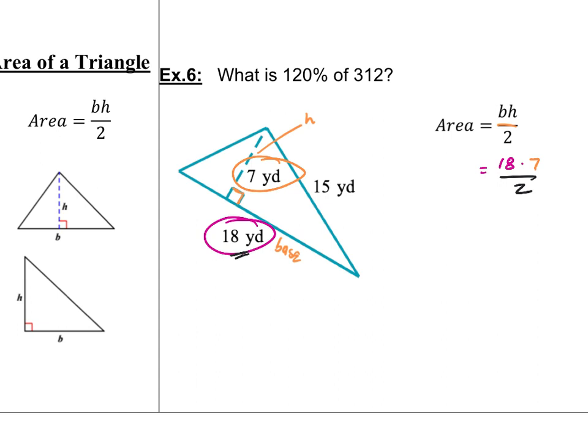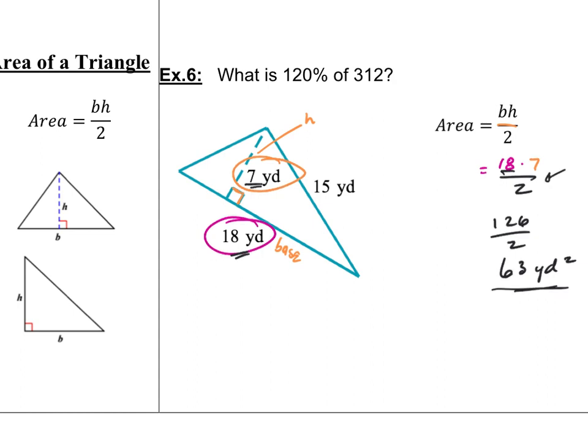Our base is 18, our height is 7. 18 times 7 is 126, divided by 2 is 63 yards squared. That's the area of this triangle. It's half the area of the parallelogram this would make. That's where we get the divided by 2.